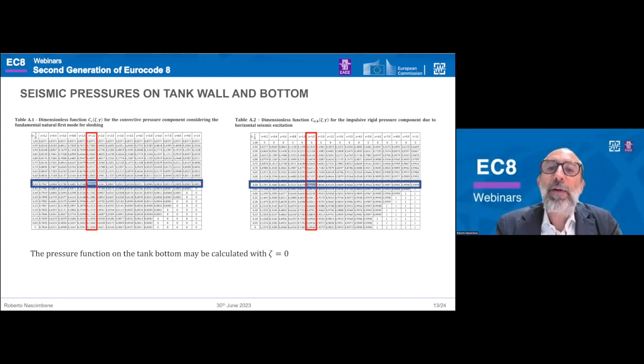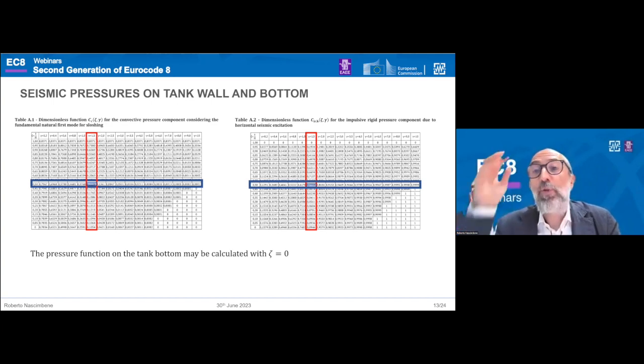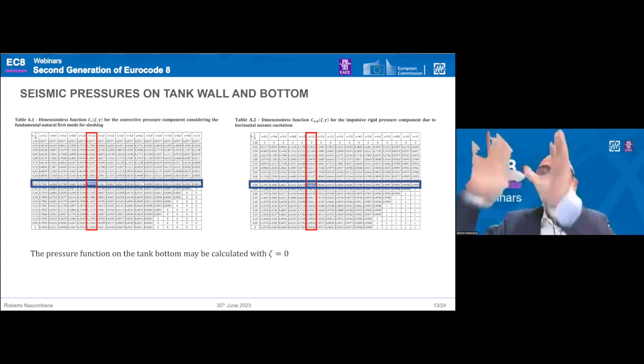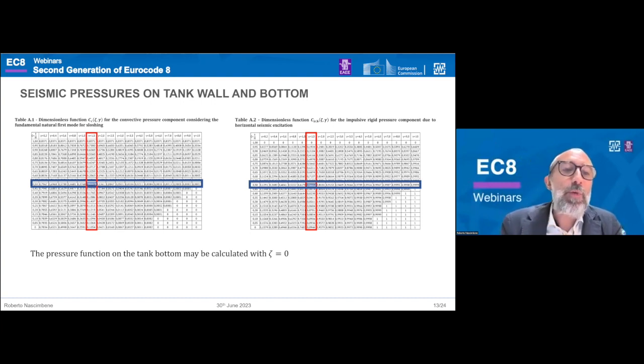If we enter with the slenderness as before, 1.5, and we wanted to evaluate the pressure at a half of the filling level, 0.5, we have for the impulsive 0.77, and it's important to highlight that the more slender the tank, the more is the component of the impulsive pressure, and we have 0.22 for the convective component. These are the two values that we have to insert in the equation as we have seen before. If we enter in this table with 0, we use the value for the evaluation of the base pressure on the bottom of the tank.